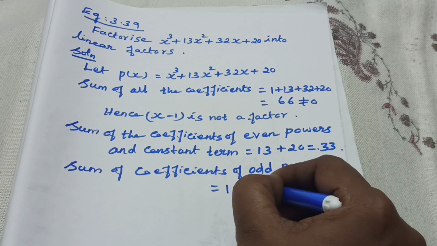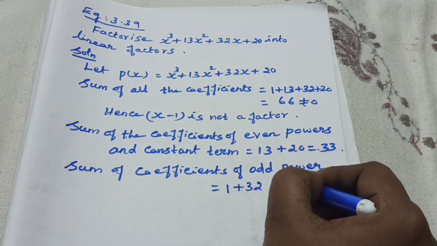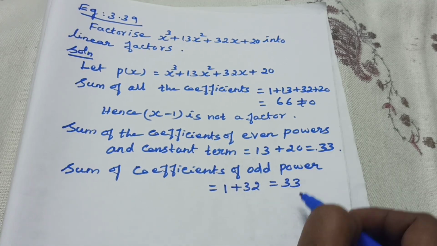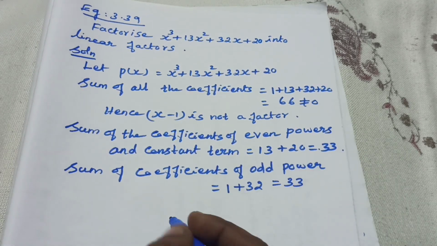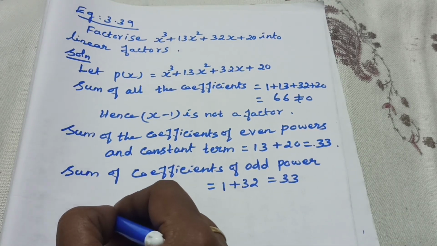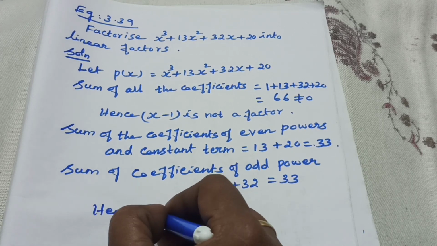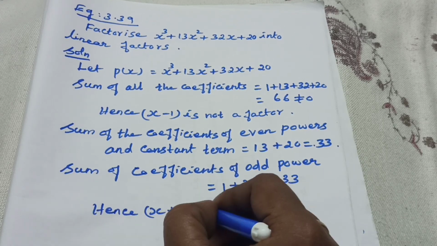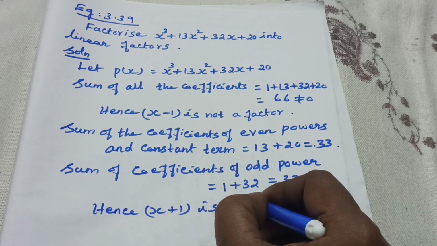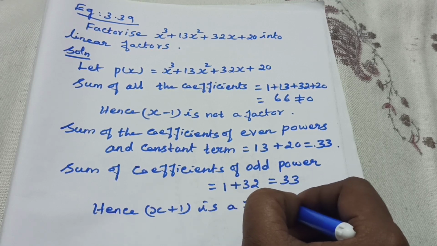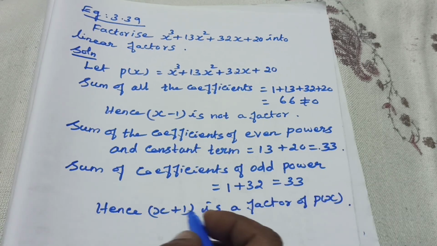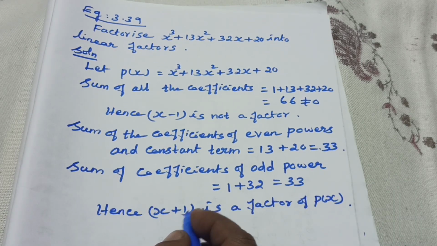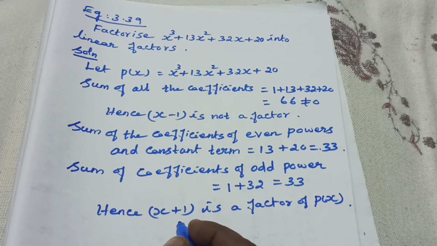These two added give 33. Are these two equal or different? Equal, isn't it? So at once we can write: hence x plus 1 is a factor of p of x. Only one factor we got. X plus 1 is the factor we found, isn't it?